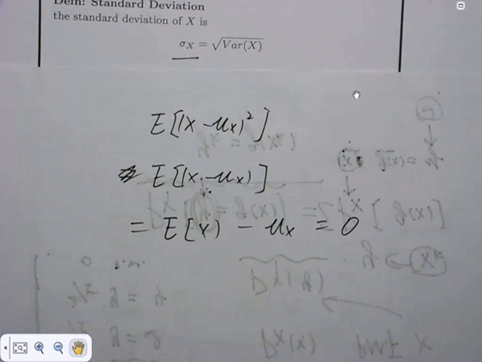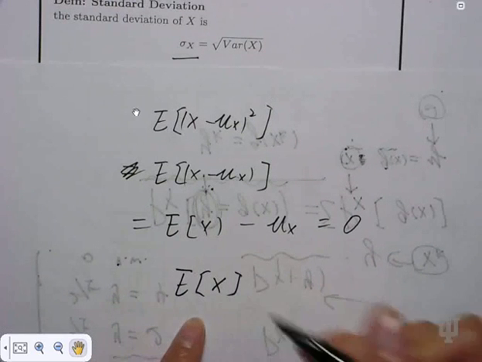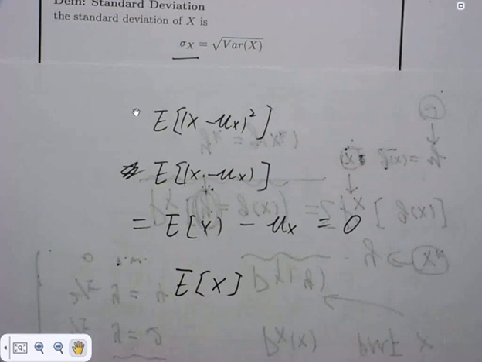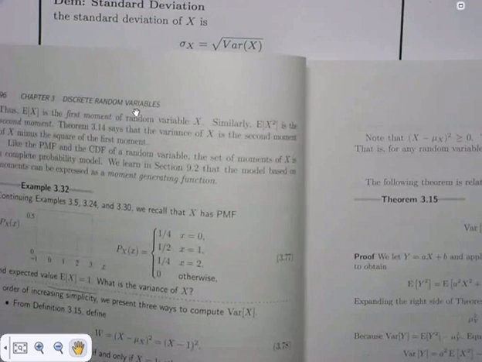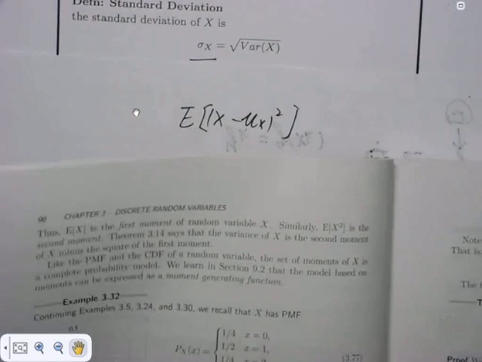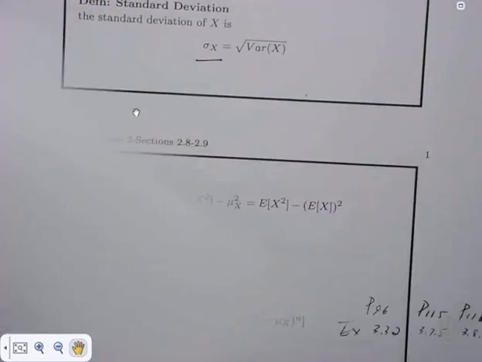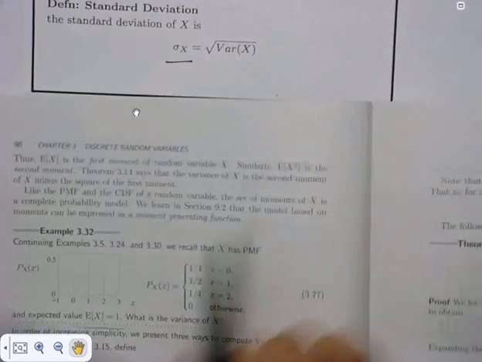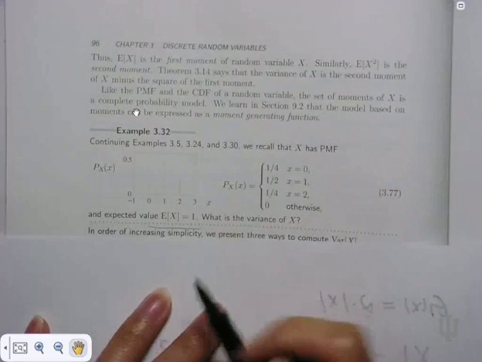How about, so we need to understand. Why don't you just do that one example that was not uniform? I think you had a 1/2, 1/4, 1/4 example. That one. So you want to verify this, right? Okay. We know E of x is 1.